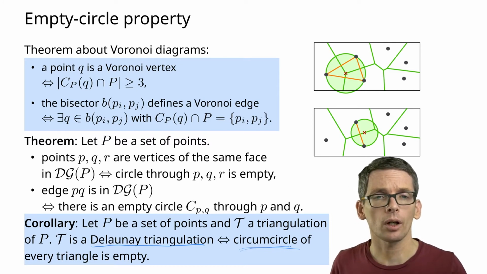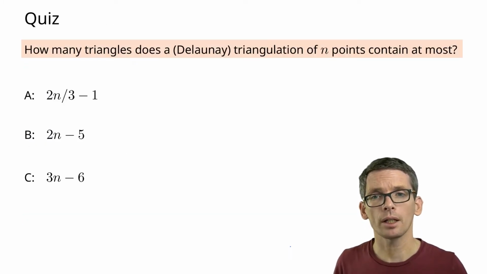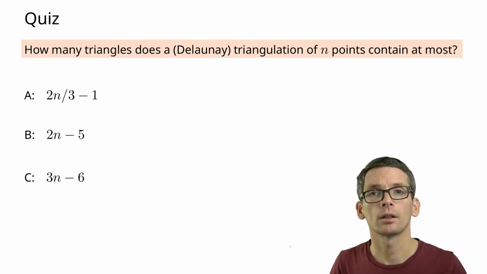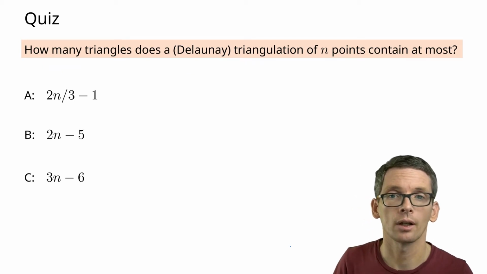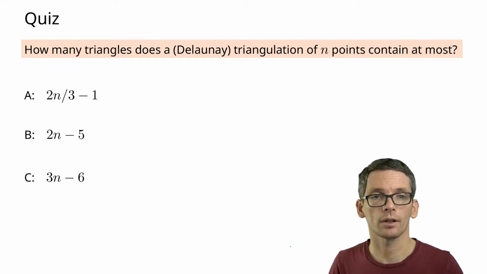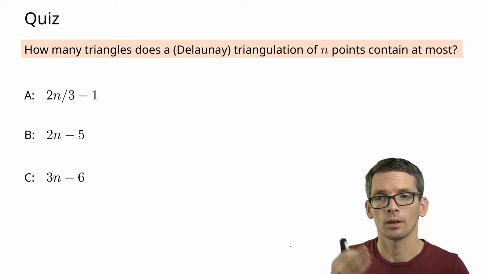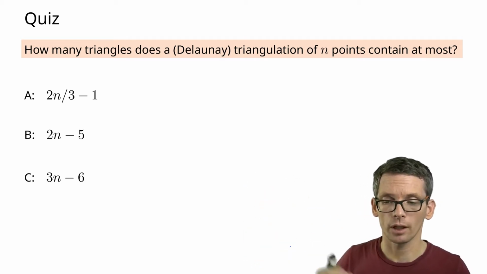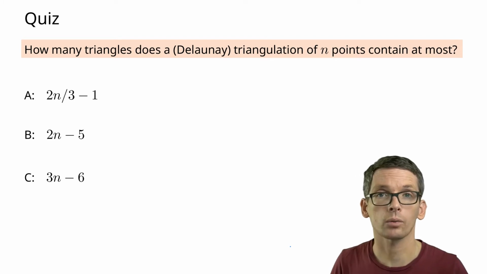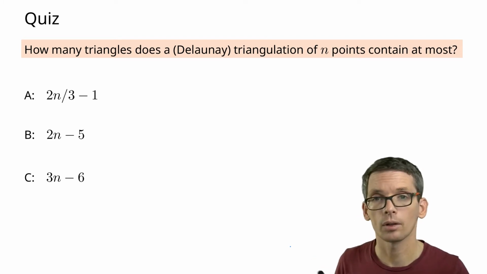Let's briefly talk about complexity. So how many triangles does a Delaunay triangulation of n points have at most? And the options are roughly 2n divided by 3, or roughly 2n, or 3n.